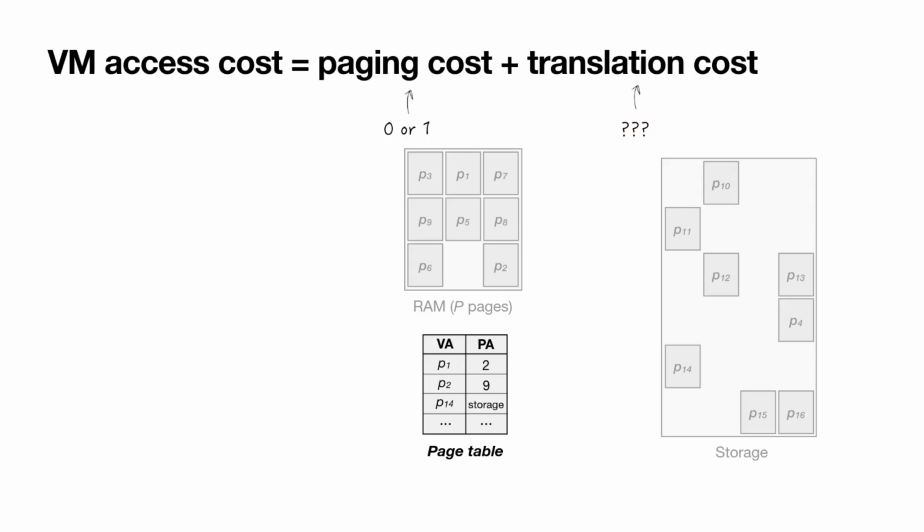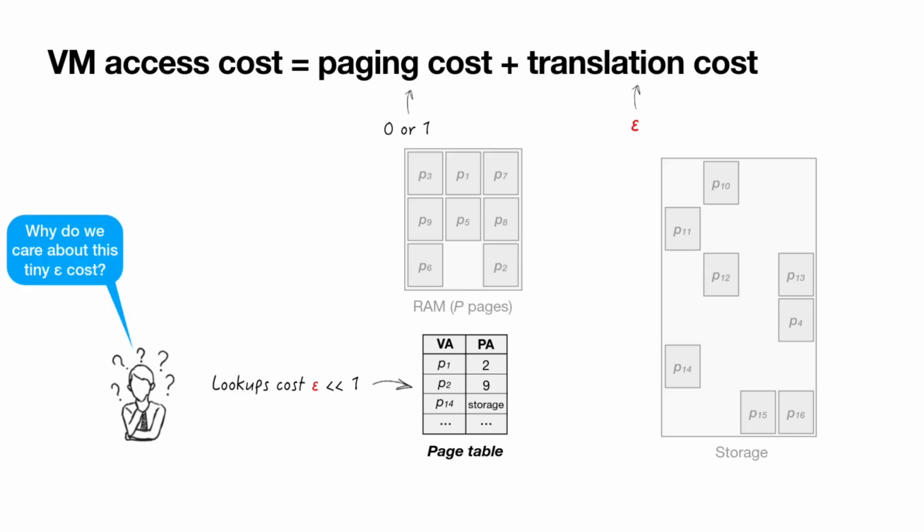So what's the cost of a virtual memory access? Well, it's the paging cost, which we already know is either 0 or 1, plus the translation cost. Translations are lookups in the page table, and we define this cost to be epsilon. Epsilon is much smaller than 1 because a page table lookup is much cheaper than paging. So if epsilon is so small, and in particular much smaller than doing an I/O, why do we care about it?